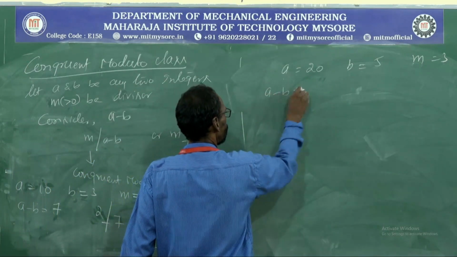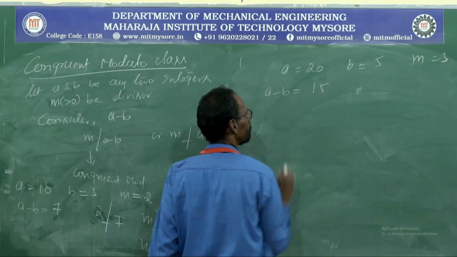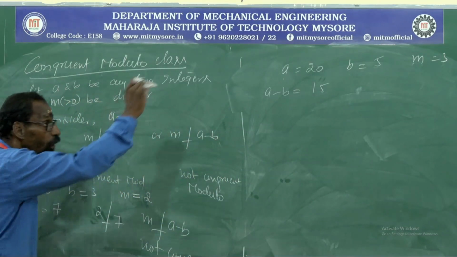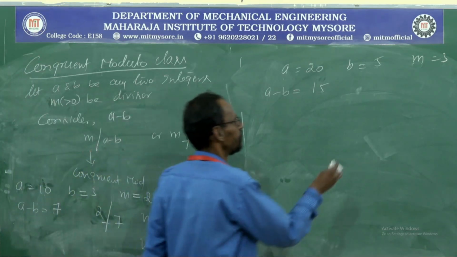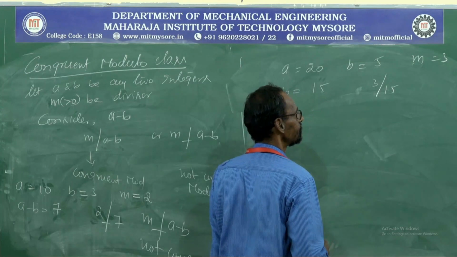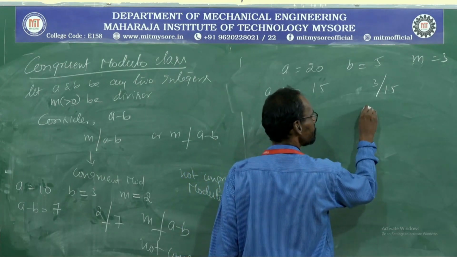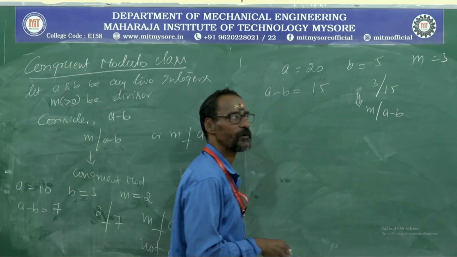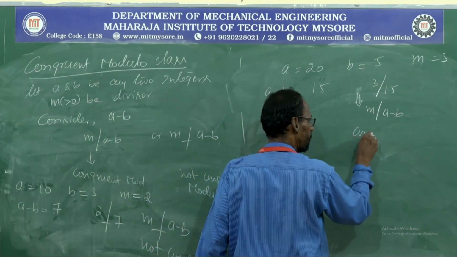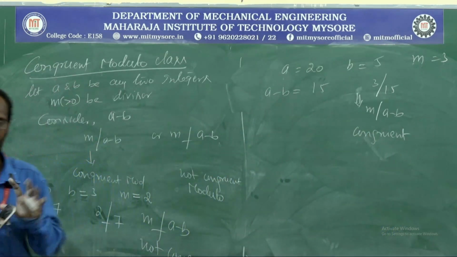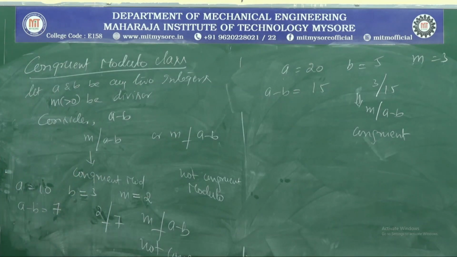Get A minus B. What is A minus B? 15. I got the difference answer as 15. Now call back that M. Clearly 3 divides 15. Therefore, M divides A minus B. Therefore, congruent. That's all. Not much scary when you go with congruent.